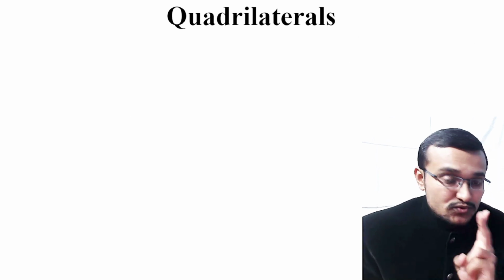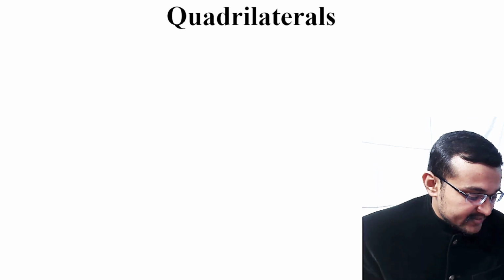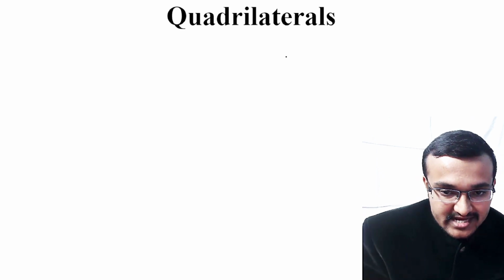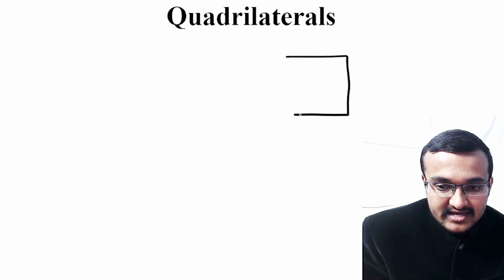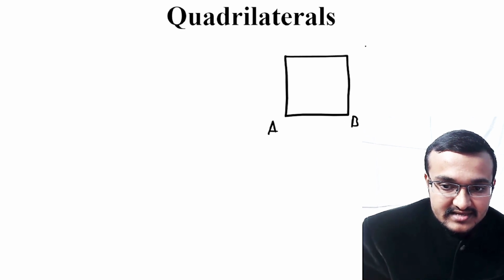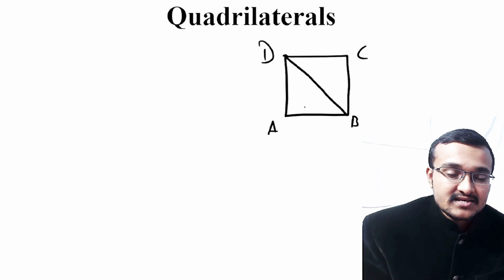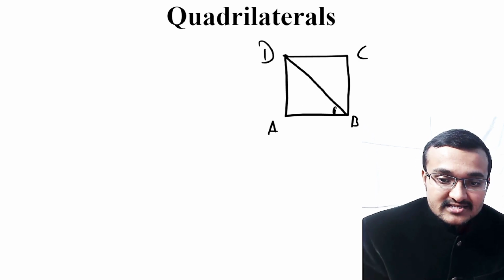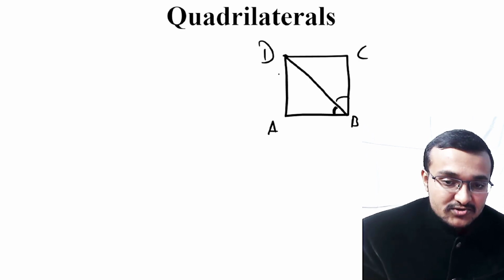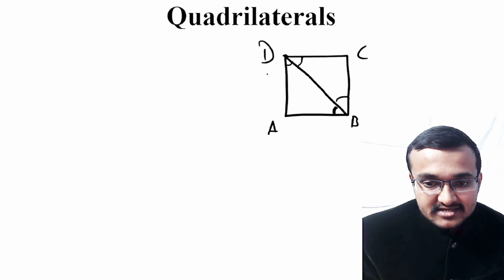Similarly, you have to prove the second question: diagonal BD bisects B as well as D. If you take the same diagram A, B, C, D and draw a diagonal BD, here also you have to prove that this particular angle and this particular angle are equal to each other, and this angle and this angle are equal to each other.